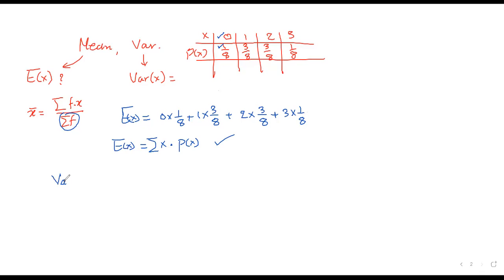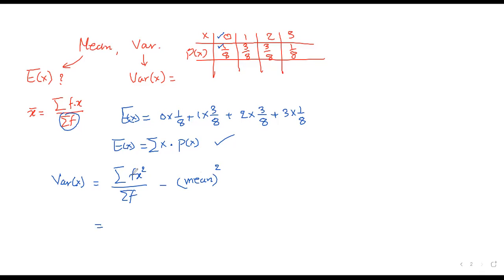Variance of x, as we know, is equal to the sum of f x squared divided by the sum of f, minus the mean squared. Now let's analyze this rule, and let's use our notation for this chapter instead of the chapter 2 notation.